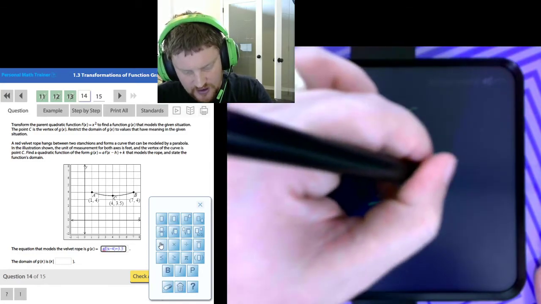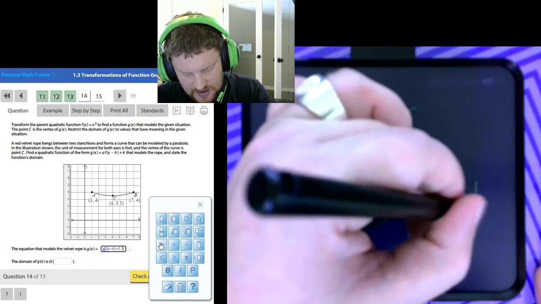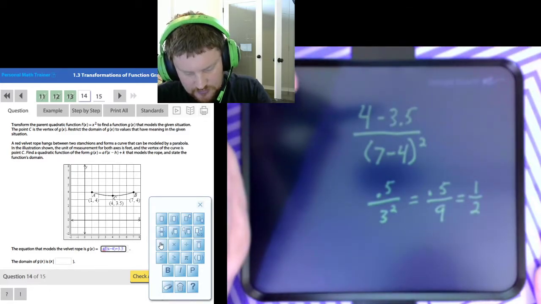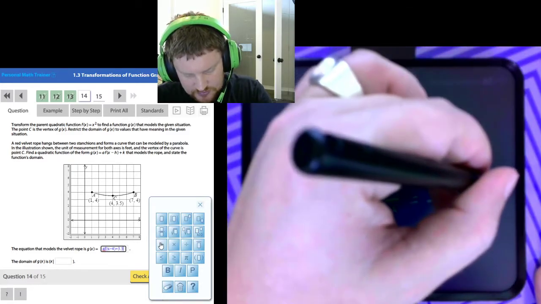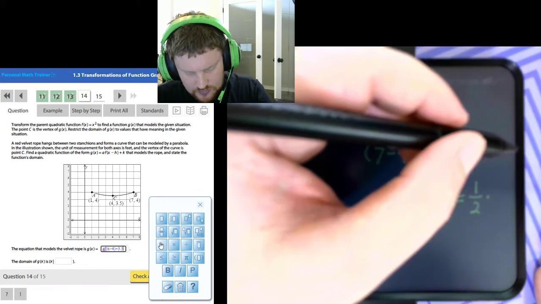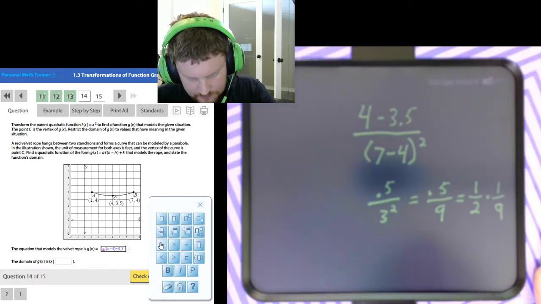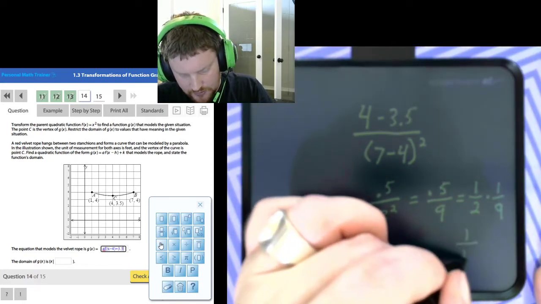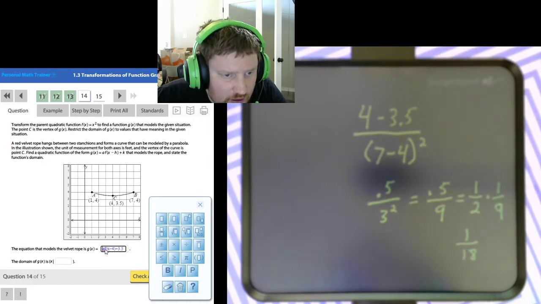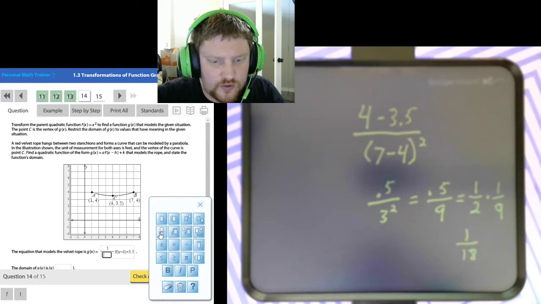So it's 0.5 over 9, which is 1/2 divided by 9, which would be times 1 over 9, which means it's 1 over 18. So changing out our a for our fraction is 1 over 18.